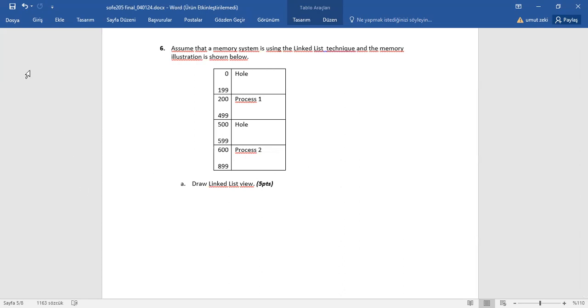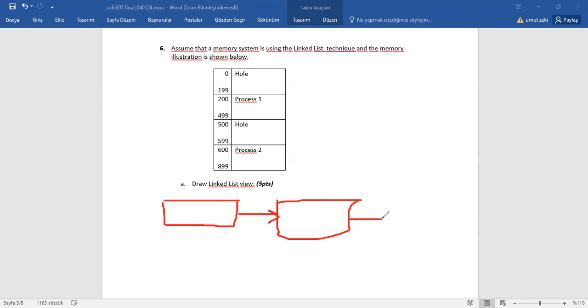Okay, draw the linked list view. How can we draw it? We can do it like that, like a train. We can draw it like that, and if this is a hole, write H, 0 to 199.